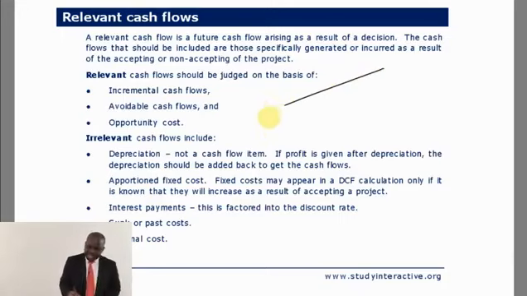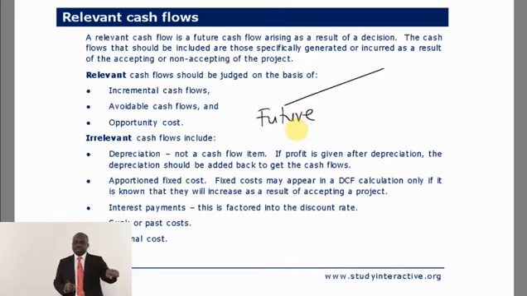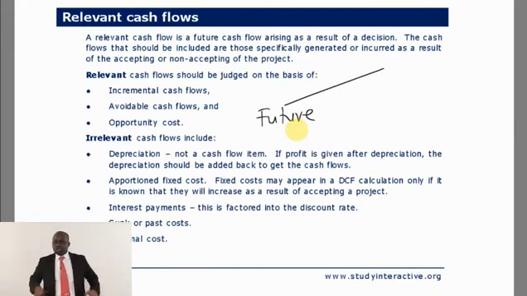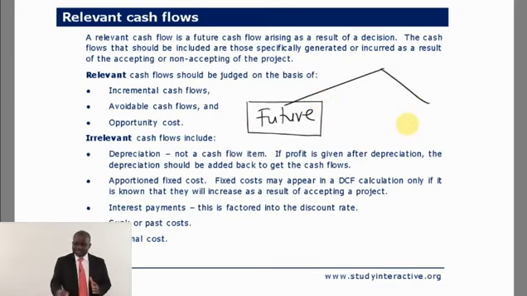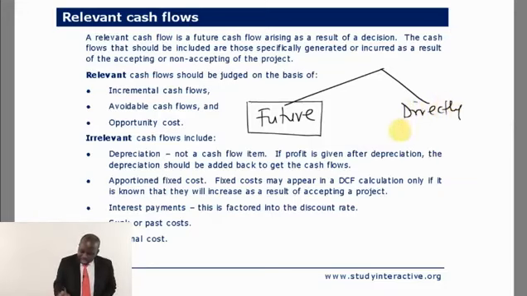The first one is that the cash flow should relate to the future. What is it telling you? It's telling you indirectly that if that cash flow has already been incurred, then it's gone. It's a past cost, and as such, that will not be relevant. The second is that the cash flow should be received or incurred as a direct attribute of that particular project.